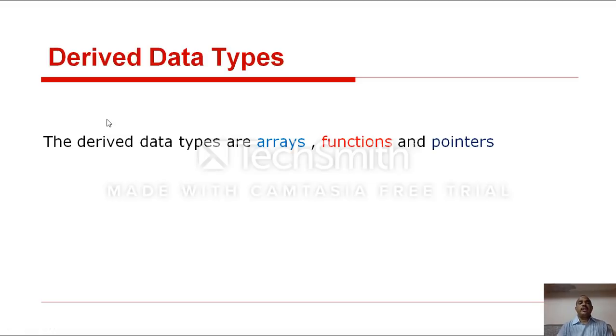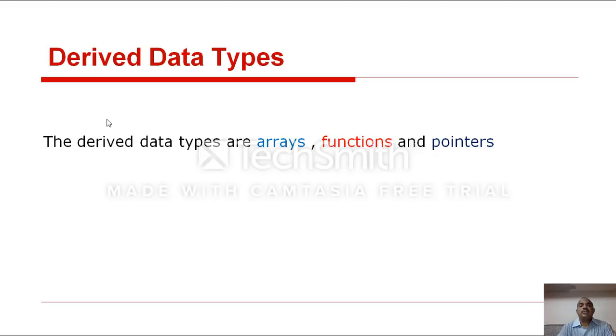Derived data types. The derived data types are arrays, functions, and pointers. Clear? What is an array? An array is a collection of related data items of the same type with a common name.